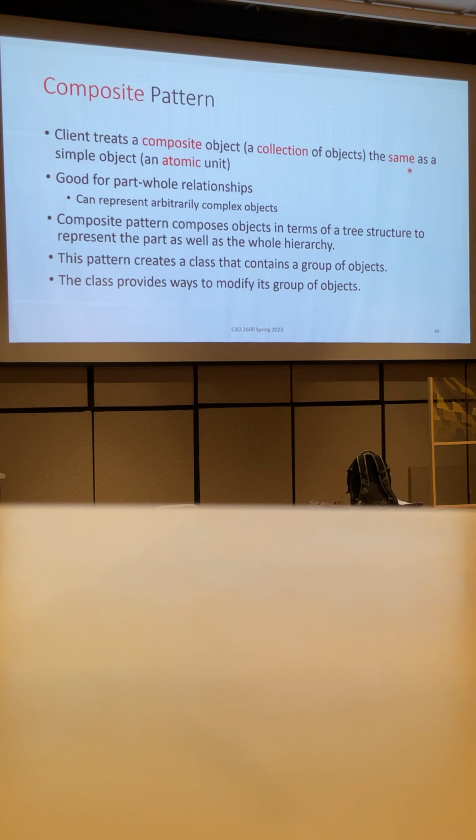So for example, think about an expression 5 plus 2 times 7, and let's say 5 plus 2 is in parentheses. How can we treat this expression if we had to model it and evaluate it in our code? We would model it through the composite pattern, because yes, we have values like constants, 5, 7, and we have operations.